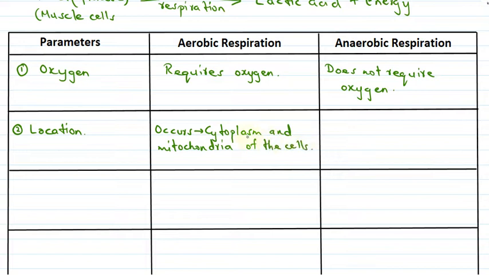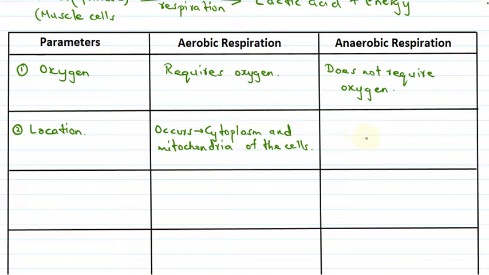Okay, because in case of human beings and other eukaryotic organisms, mitochondria is the site where aerobic respiration takes place, and in case of prokaryotes, in the cytoplasm, aerobic respiration takes place.